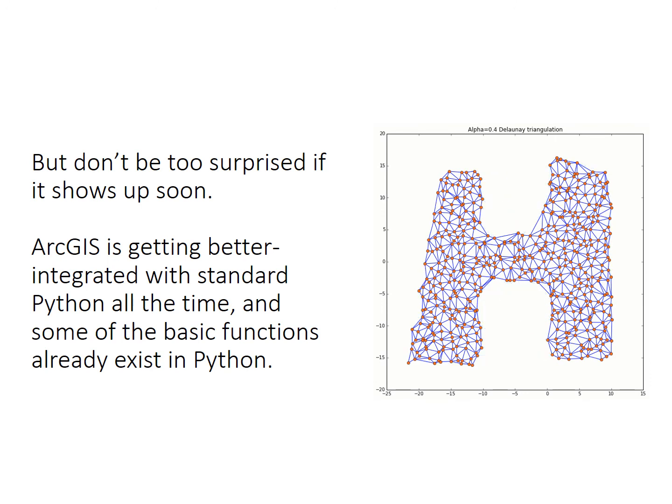Alpha shapes do exist in other forms. We have, again, a threshold parameter that's used to try to find the boundaries around your points. In this case, I've drawn something that looks a little bit like an H shape.